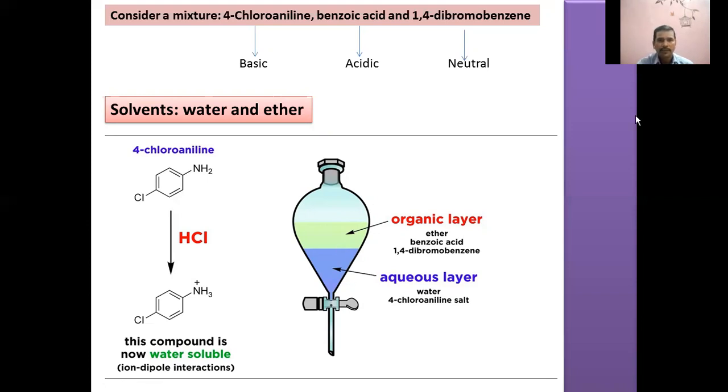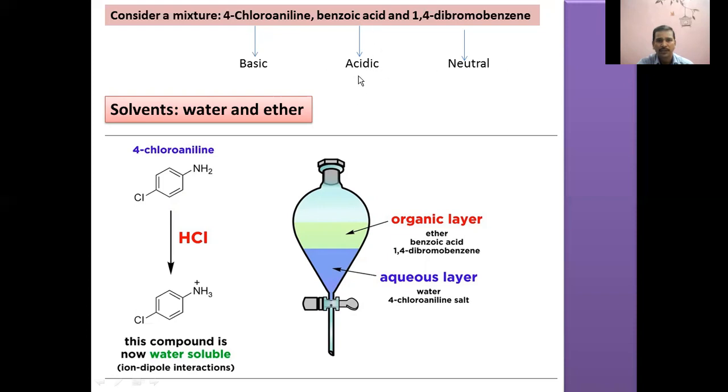Here, it is a ternary mixture. Three compounds are present in the mixture: 4-chloroaniline, benzoic acid, and 1,4-dibromobenzene. These three compounds possess different properties. 4-chloroaniline is basic because it has an amino group. Benzoic acid, C6H5COOH, has a carboxylic acid group, therefore it is acidic.